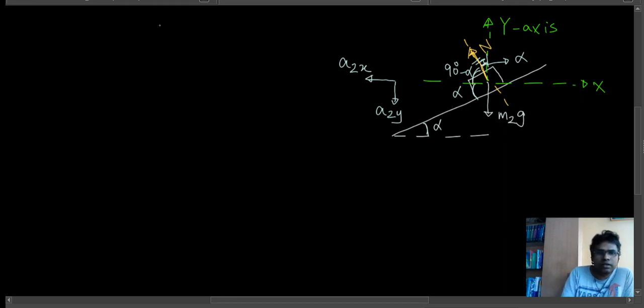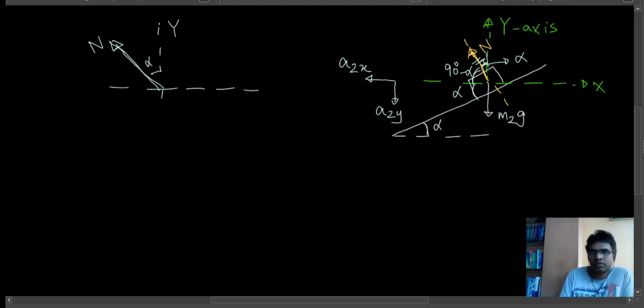So when you take these x and y directions, the normal force is making an angle of alpha with the y-axis. We can resolve the normal force vector along the y-axis as well as the x-axis.